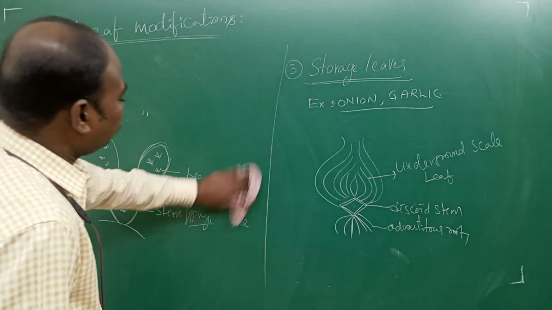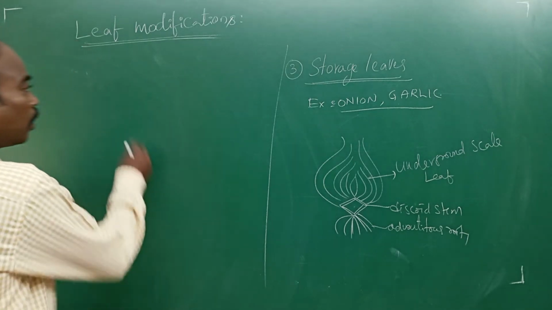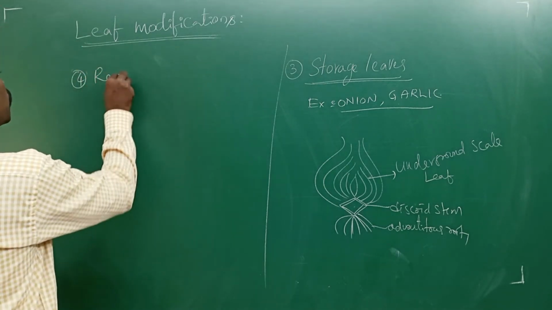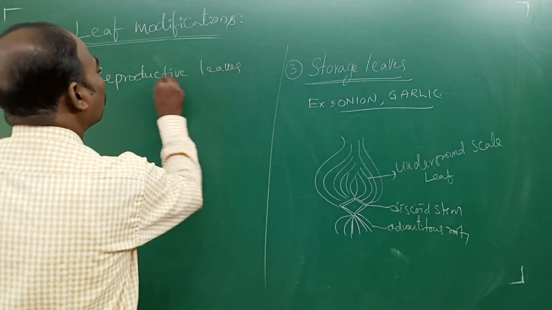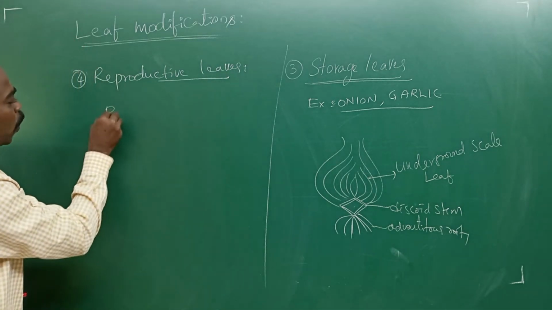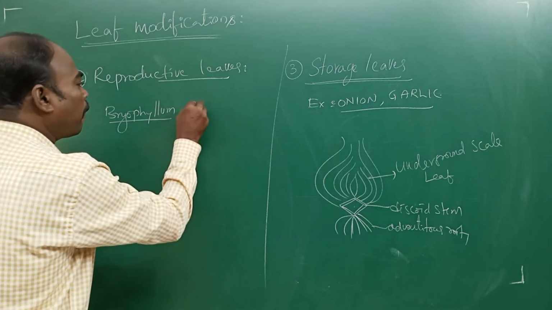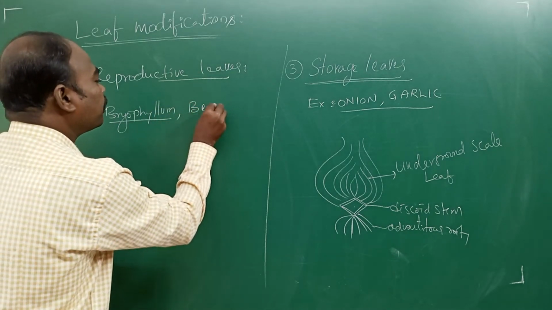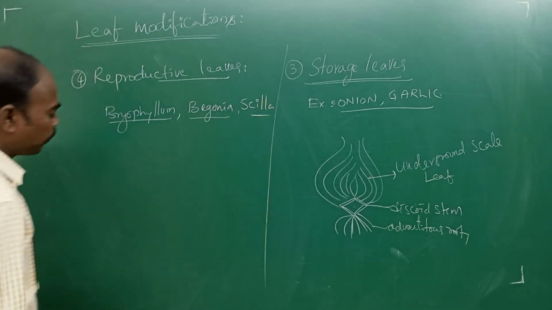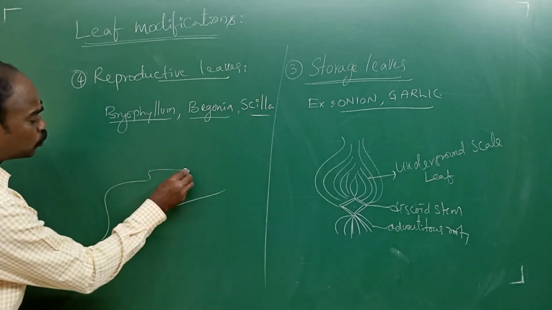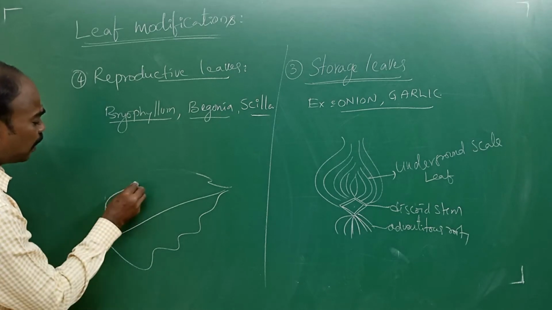Then reproductive leaves. In some plants like Bryophyllum, Begonia, and Scilla indica, the leaf margins have epiphyllous buds.